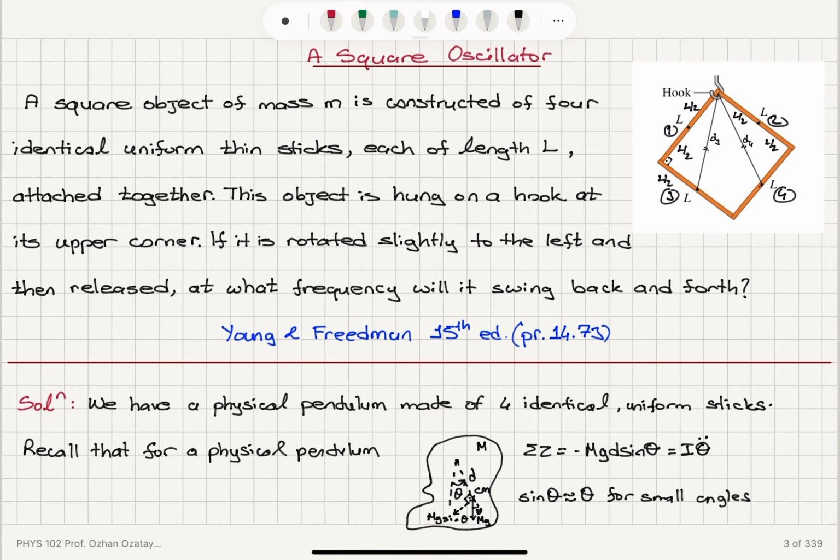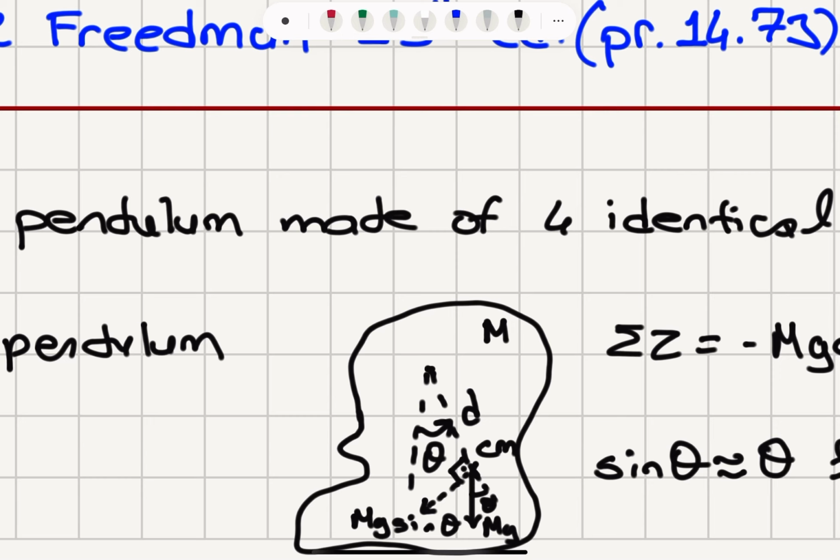Okay, so let's take a look at what we did here. We have a physical pendulum that consists of 4 identical uniform rods. First, I started by reviewing the physical pendulum. If I know the distance between the pivot point P and the center of mass, this distance is d, the weight is going to apply a torque on this object in order to restore the original vertical position so that the vertical axis will go through the center of mass, and this will be r cross F, so that's going to be d multiplied with mg sine theta, but in a direction that is decreasing the angle theta, so it's negative.